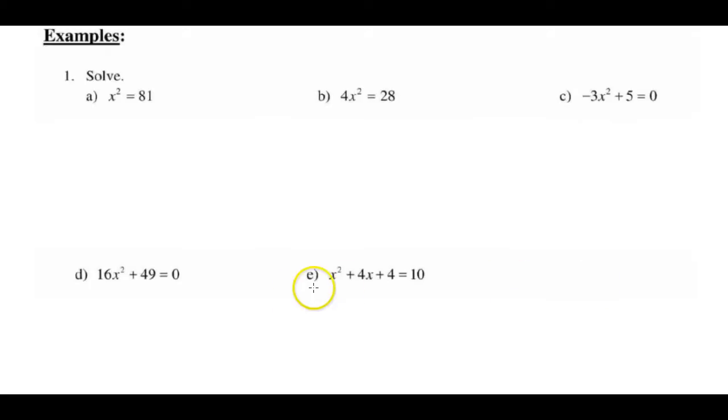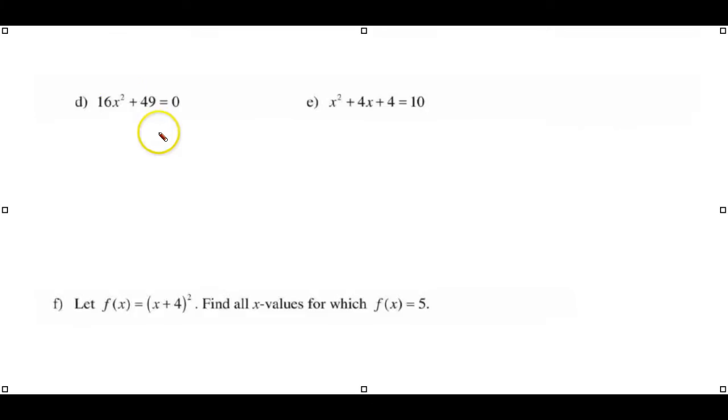Okay, let's move it up. So now we can see that equations that we weren't able to factor, we can now solve them by using this technique. So we have 16x squared equals a negative 49, transposing that. We're going to divide both sides by 16.